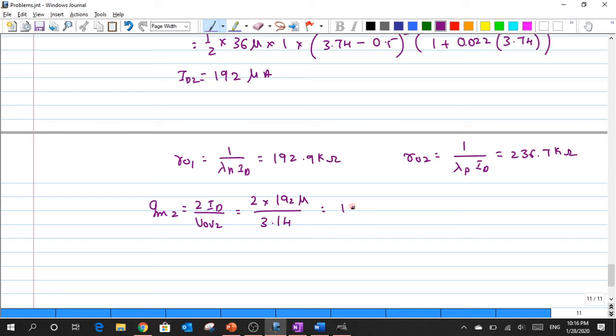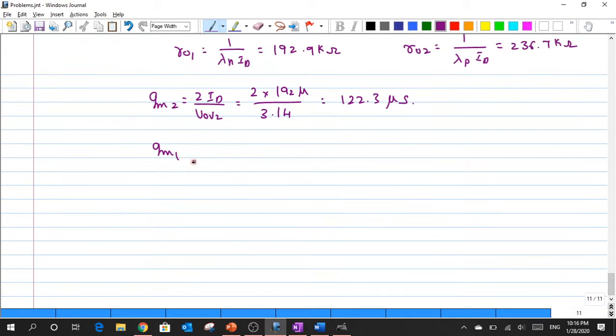So that gives us 122.3 microsiemens for GM2. Now I'll also use this GM1 with the square root relation, just because I'm not aware of the value of this Vn currently that I have.